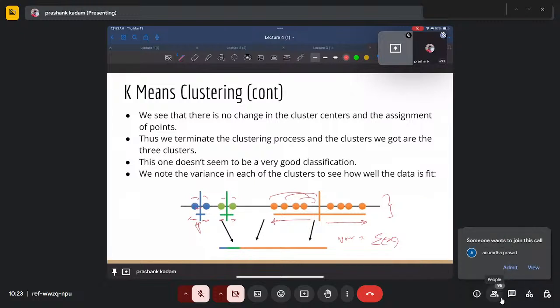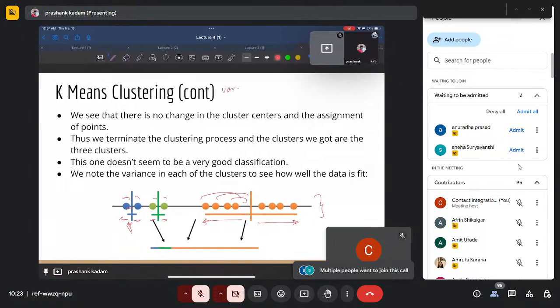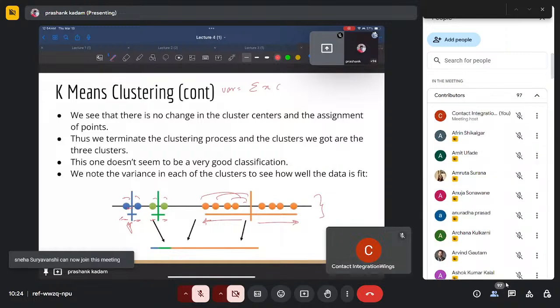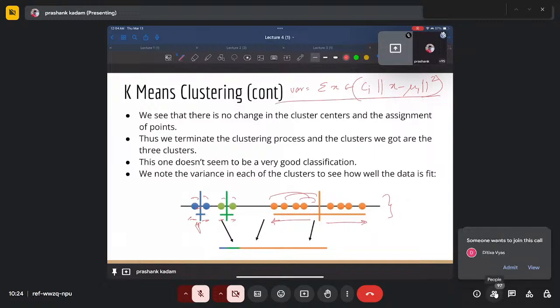So let me write this here. Variance would be, I'm summing up X such that for each class, I am simply taking the magnitude of the difference from the mean and squaring it. And this will give me my variance. Of course, for variance, you have to square. So this is giving you the variance.